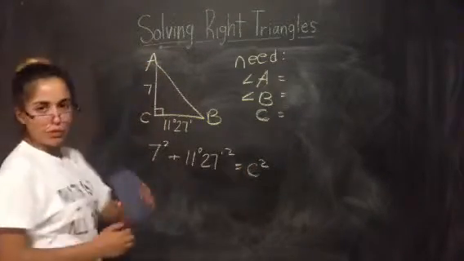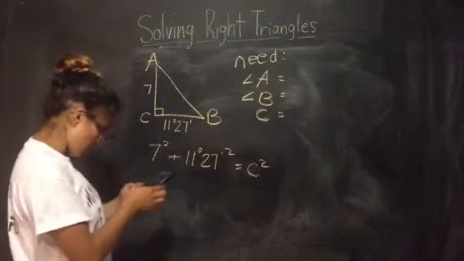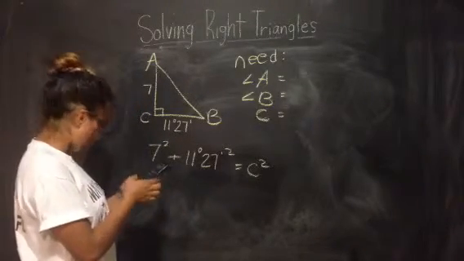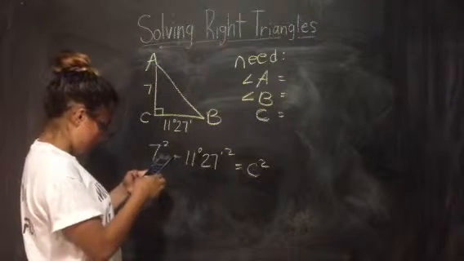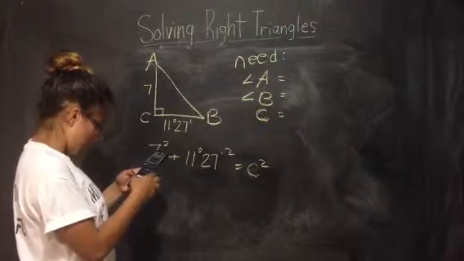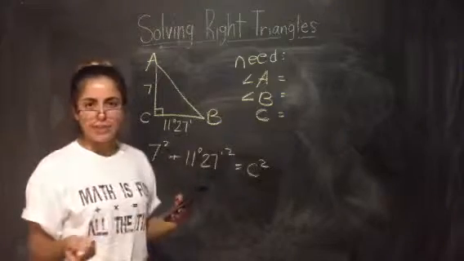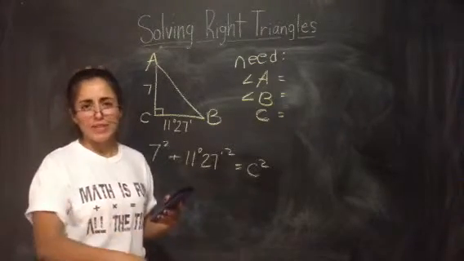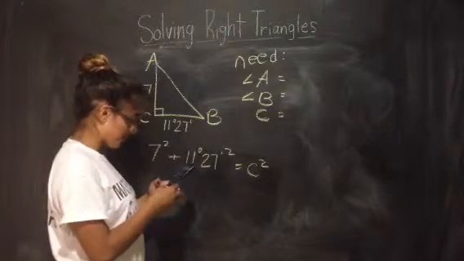So if you use your calculator, making sure that it's in degree mode, 7 squared plus 11 degrees, 27 minutes squared. And if you don't remember how to access the degrees, minutes, seconds feature on your calculator, you can look at the previous videos or ask me about it in class.